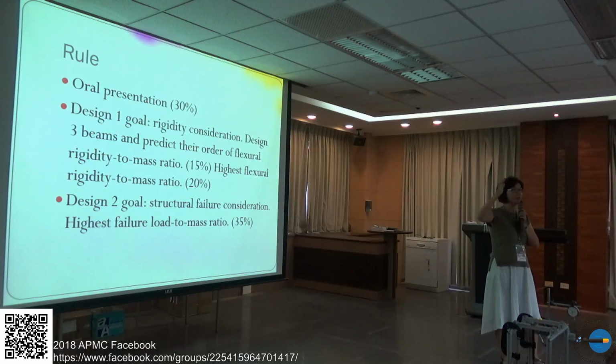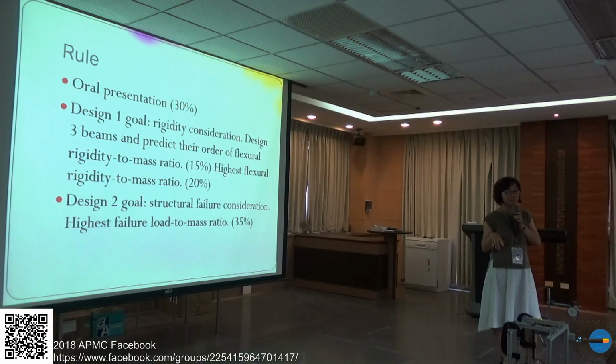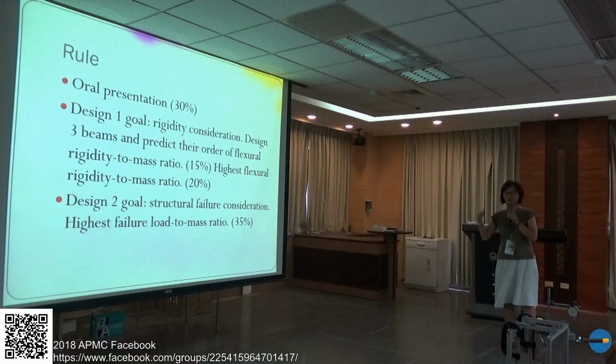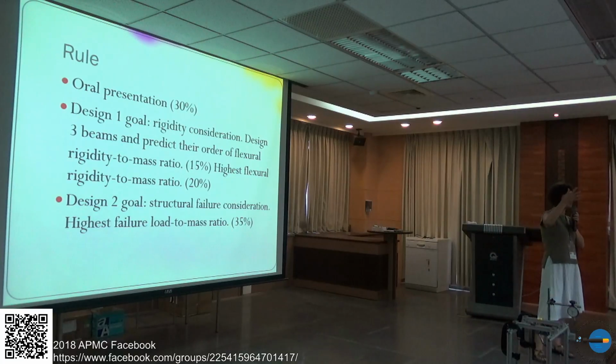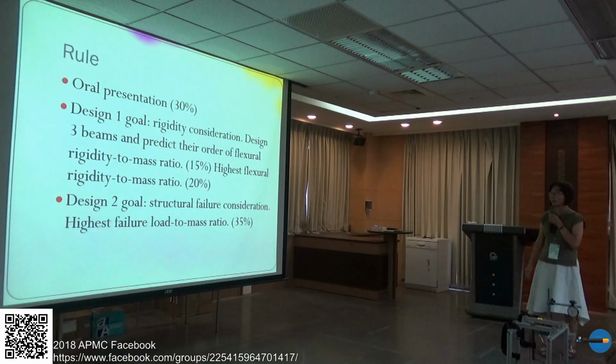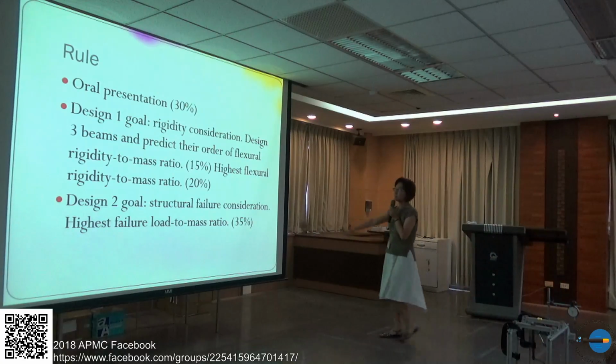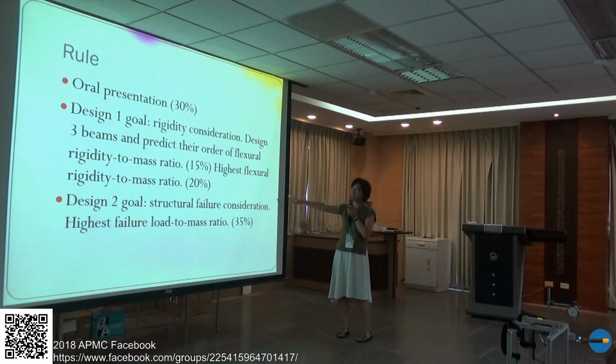And then you will compare that value with other teams. Is it okay? And if you rank higher, you will get more points. Okay. So that will take about 20% of your total score.